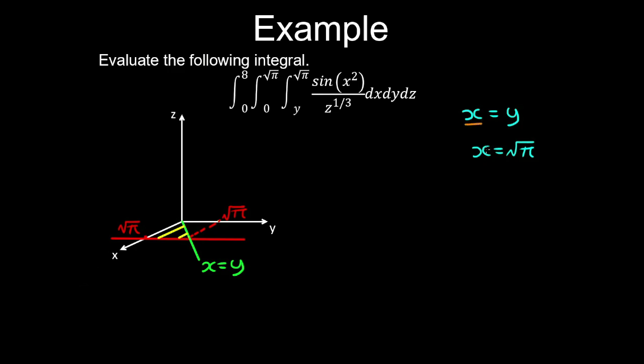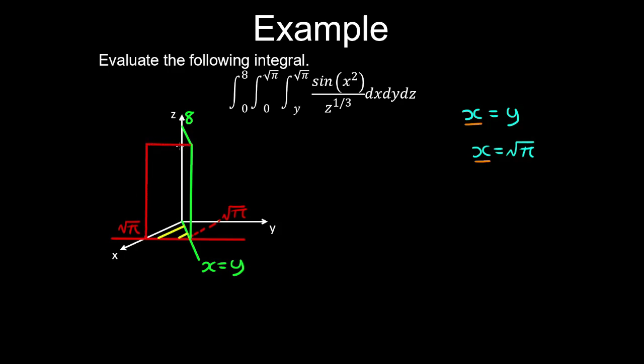And note that these two equations are equations of cylinders, with the base of the cylinder being a line, or equations of a plane that's parallel to the z-axis. So we can draw our first cylinder like this to z equals 8, and our other cylinder at x equals root pi, where the base of the cylinder is in this region, looks something like this.